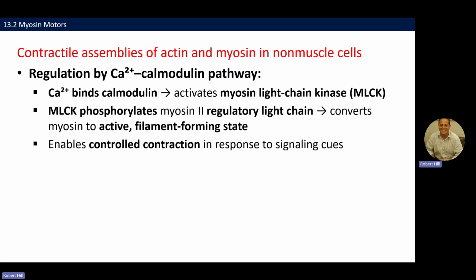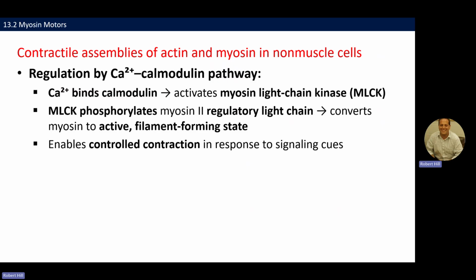And this is a very important regulatory protein and calcium sensor. When calcium binds to it, it forms a complex that activates myosin light chain kinase. Okay, myosin light chain kinase, or MLCK, is a protein that phosphorylates the regulatory light chain of myosin 2.